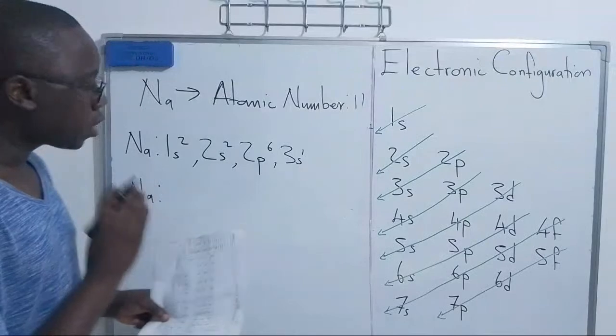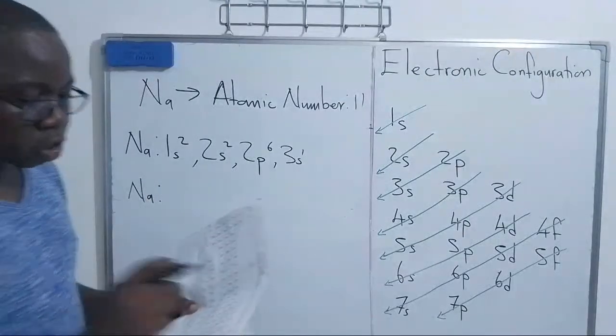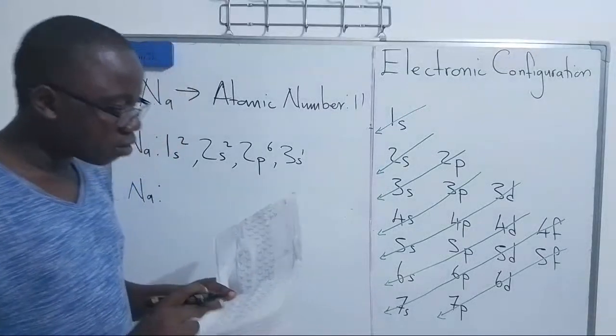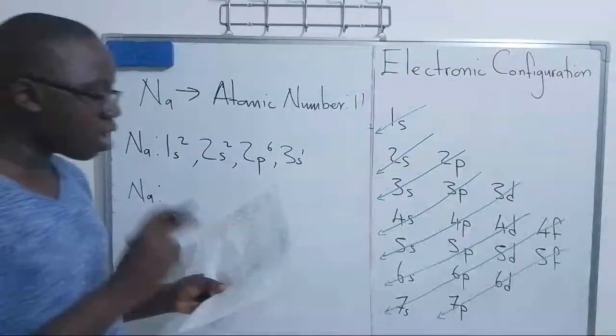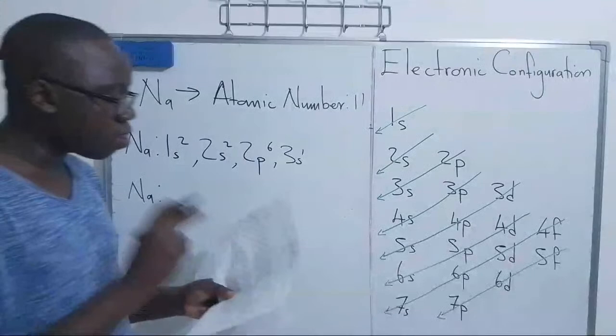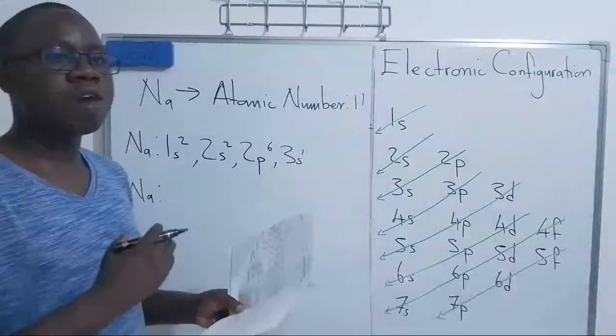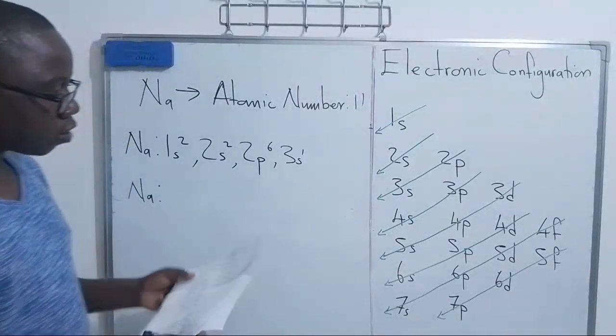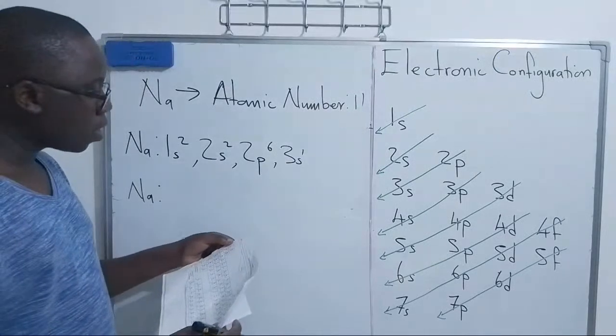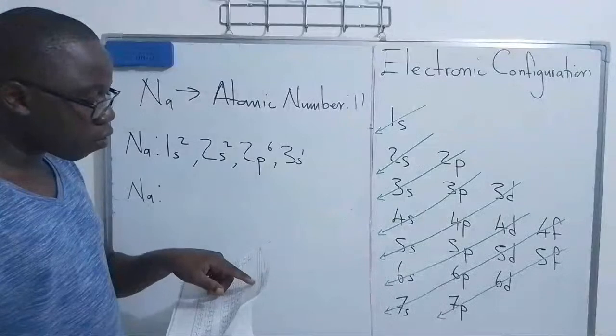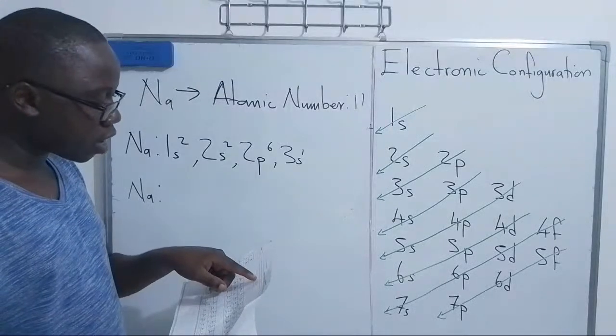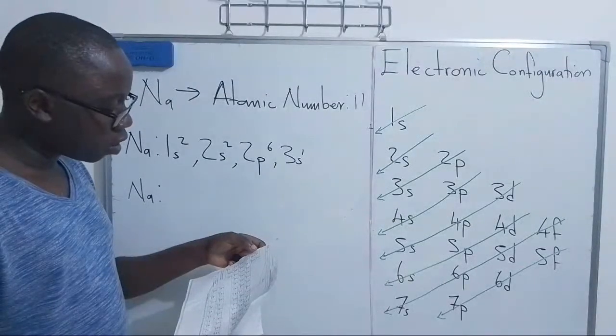Now, when it comes to the compressed electronic configuration, you look at the noble gas that is in the period before the element you have been asked. In this case, sodium is in period 3. The first period is where we find hydrogen. The next period is where there is lithium.